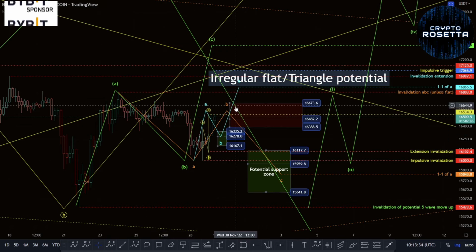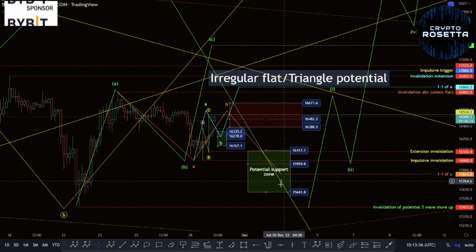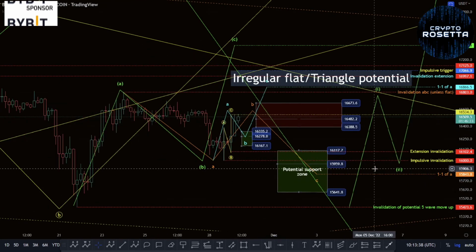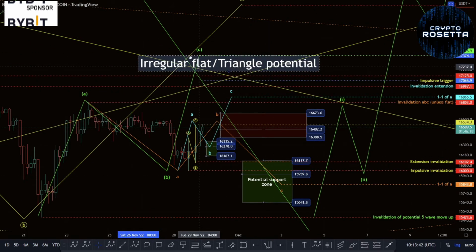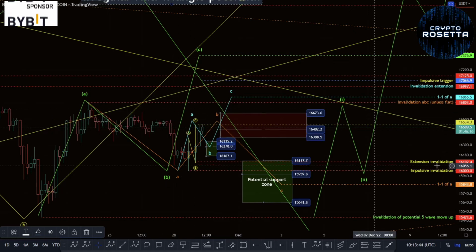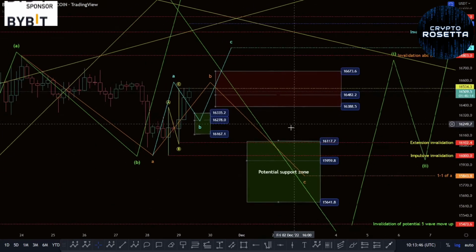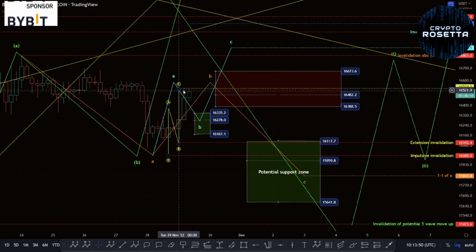This is the ABC to the downside option that we were looking at just a second ago. So within this, let me move this label out the way here. So within this move though, currently we have this as a zigzag to the upside.